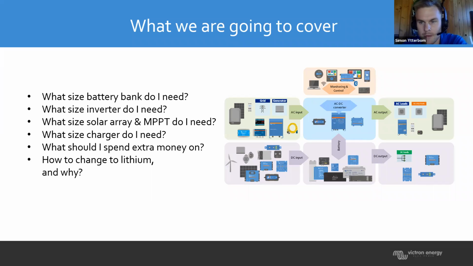Certain products can be more important depending on the system, and what is not easily added on to increase versus having to replace them if you're investing in too small of a unit. Let's say an inverter, you have to replace that one. You'd have to buy a new, bigger inverter. So we're going to cover that as well as lithium and some of the advantages and how we would go about changing to lithium or installing a lithium bank and what to look for there.